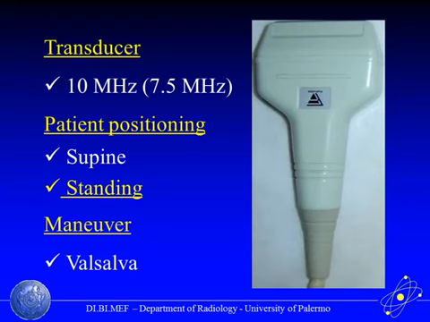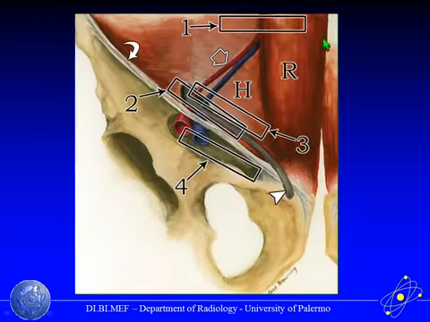We can start our examination with the patient lying supine, but we can also ask the patient to stand up and perform our examination with the patient standing. This is useful to elucidate the visualization of the hernia. We can also ask the patient to perform a Valsalva maneuver, increasing the abdominal pressure, to facilitate the evidentiation of the hernia.